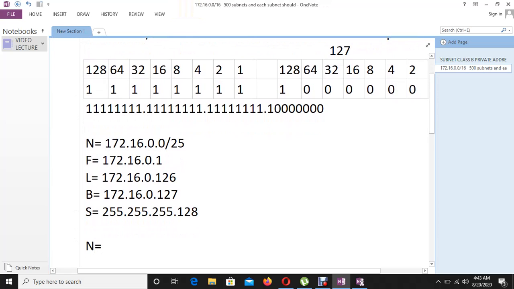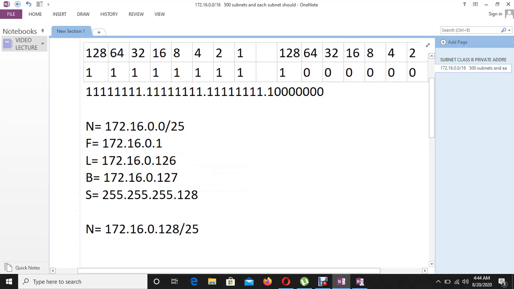The next subnet network address is 172.16.0.128. It is not 127 or 0.0, but it's going to be 128, simply because this is 127. So obviously our next subnet will be 128 CIDR 25.